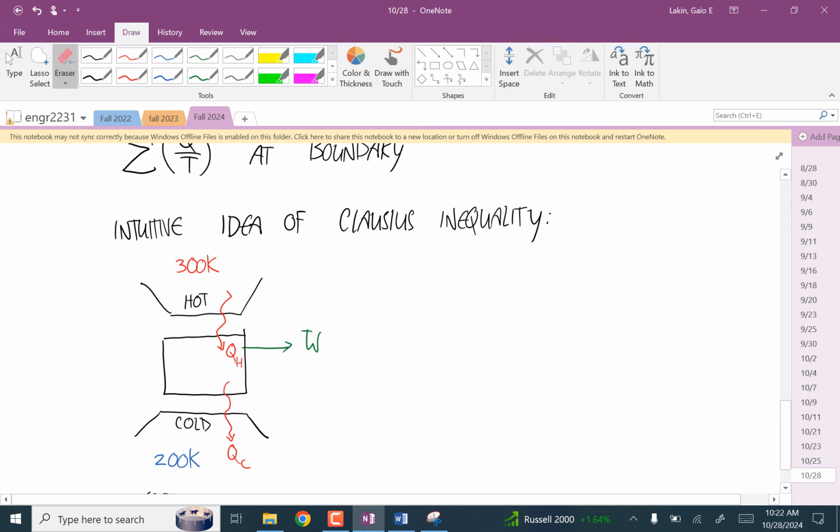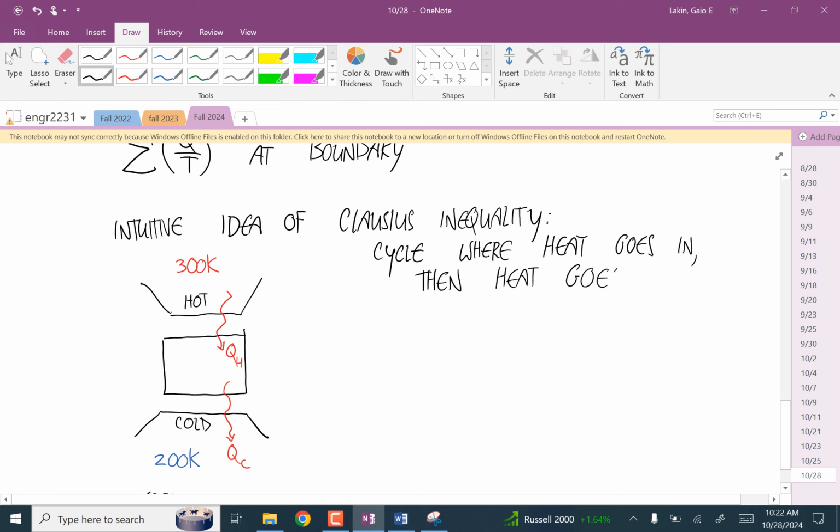Sorry about that. We're not going to think of it as a power cycle. We're not going to include that. We're just going to think of it as a cycle where heat goes in and then heat goes out. Okay, so that's the only place that energy is transferred, is the heat coming in and the heat going out.